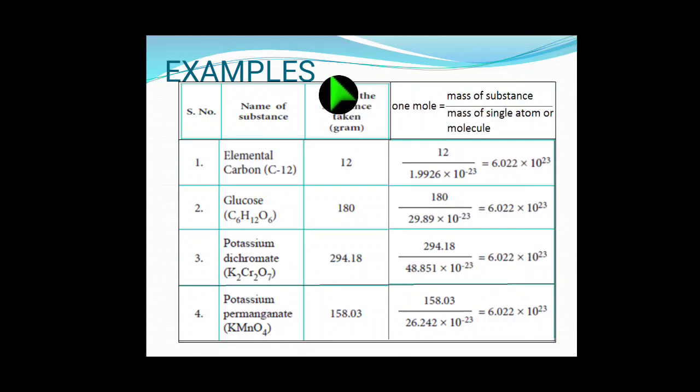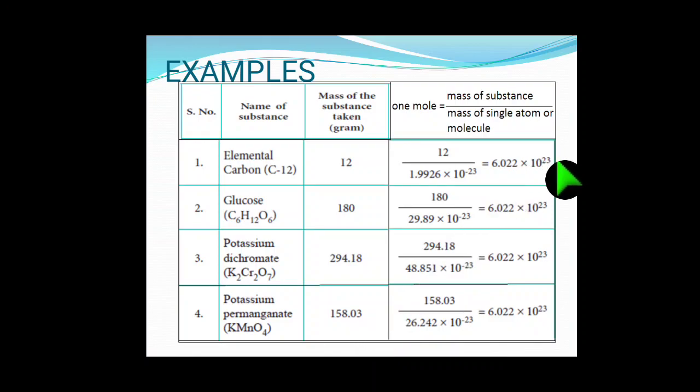Let us see the examples of carbon, glucose, potassium dichromate and potassium permanganate. The molecular mass of the substance taken: carbon 12, glucose 180, potassium dichromate 294.18 and potassium permanganate 158.03.